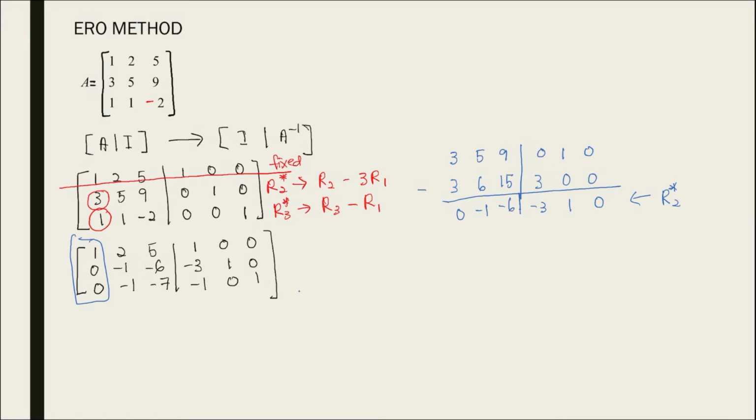So this is done. So next step is to change the second column. So to change the second column, we will focus on number 1 first. Okay? So the number in the middle should be 1. So how to make that 1? The operation is negative 1 times row 2. Okay?